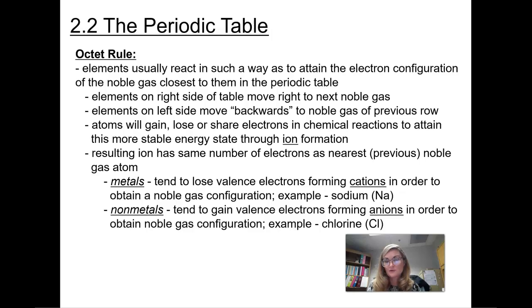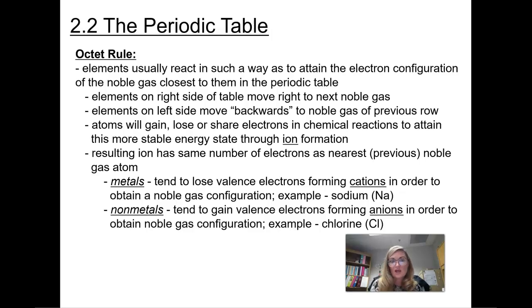closest to them in the periodic table. So elements on the right side of the table move right next to the noble gases. Elements on the left side move backwards to noble gases in the previous row. So atoms will gain, lose, or share electrons in chemical reactions to attain this more stable energy state through ion formation.